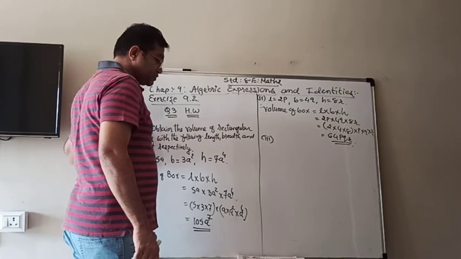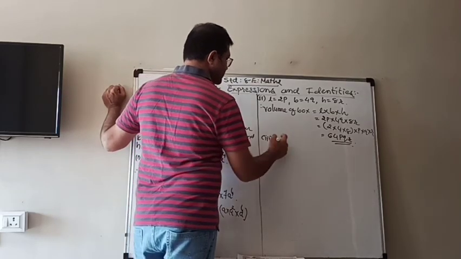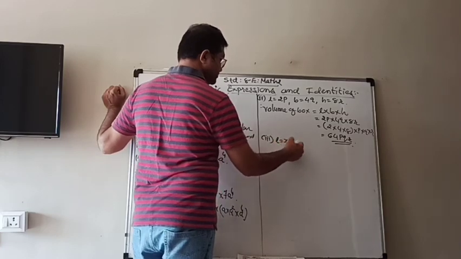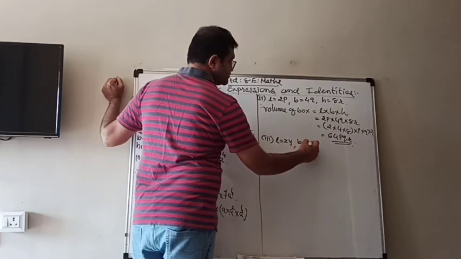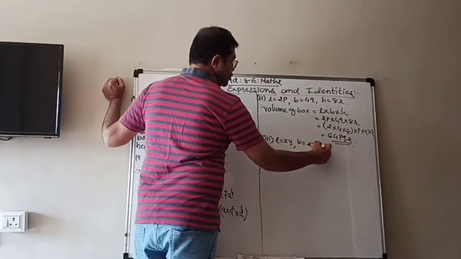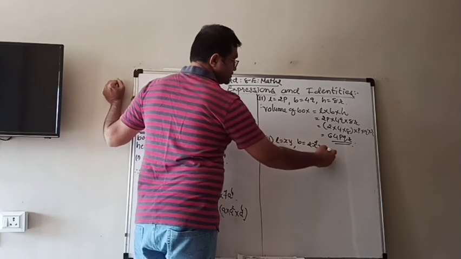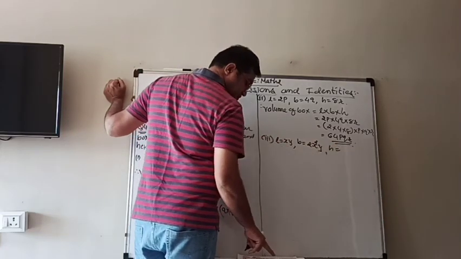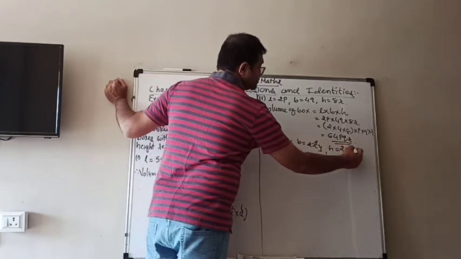Let's take the third set. L, the length, is equal to xy, breadth B is equal to 2x square y, and height H equals 2xy square.